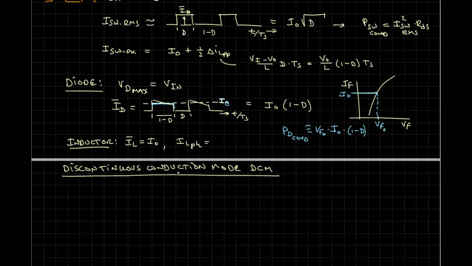That's important. That will be the same thing as the I_switch peak. So I_L peak is going to be your I_O plus 1/2 delta I_L peak-to-peak, which you can calculate from here. And why is that important?